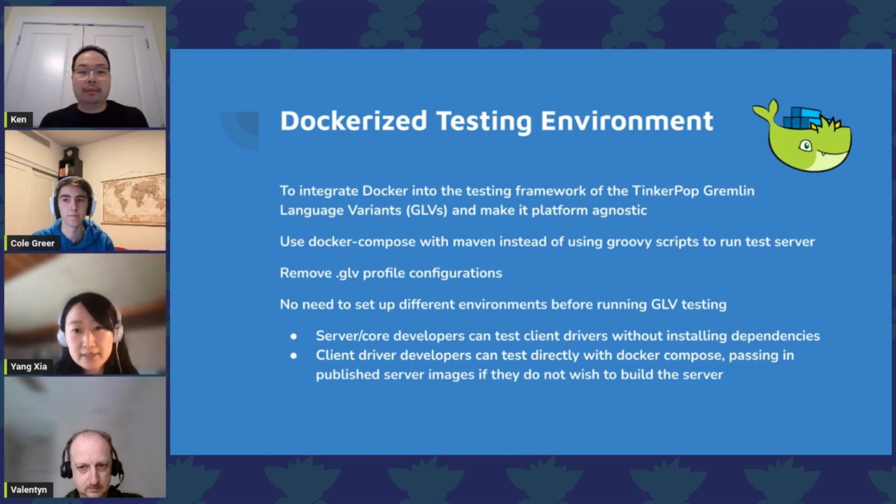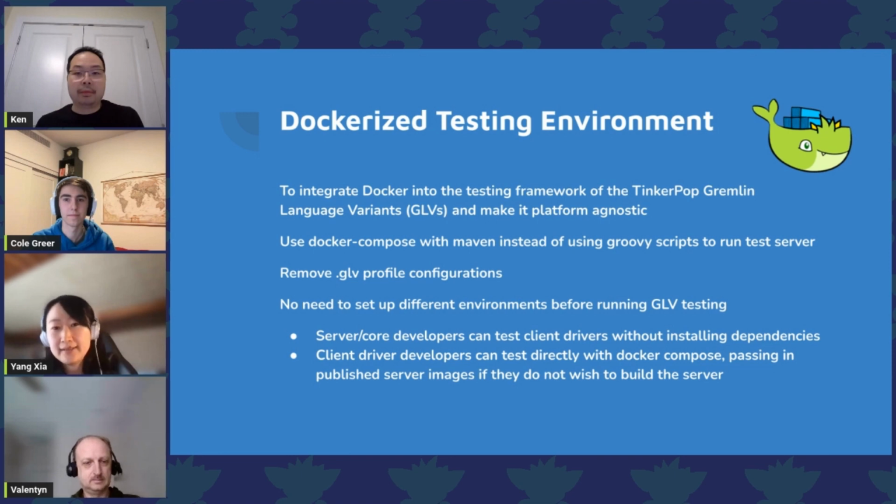Our motivation for using Docker is that previously, the way the GLV integration tests worked is they used a Groovy script to run the test server, and then they connect. In addition, users actually had to set up the environments for each GLV, each of the Gremlin variants.